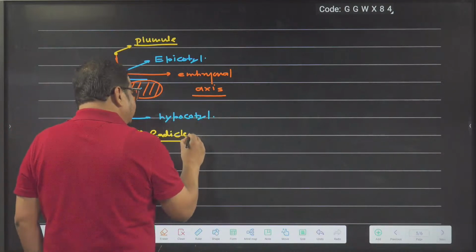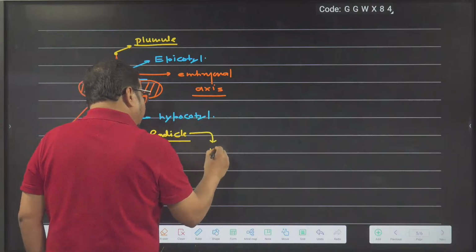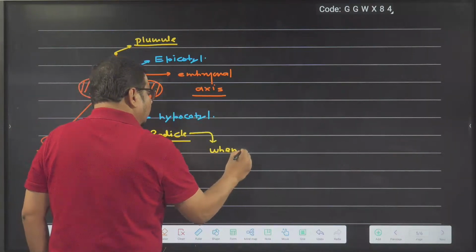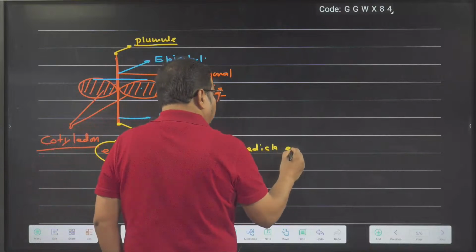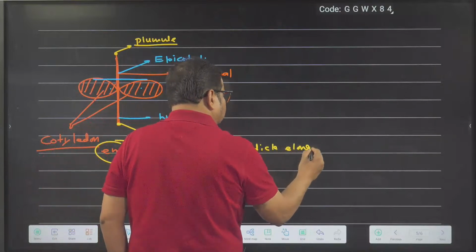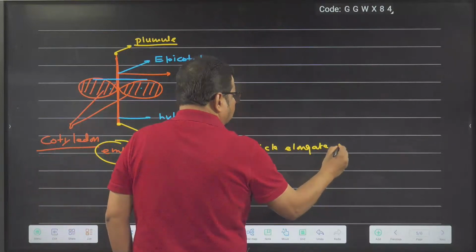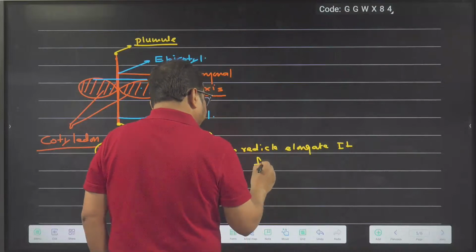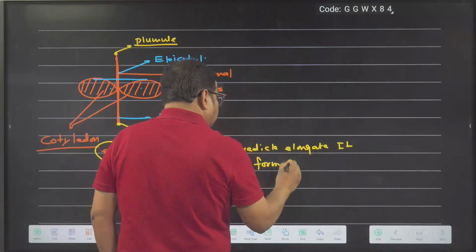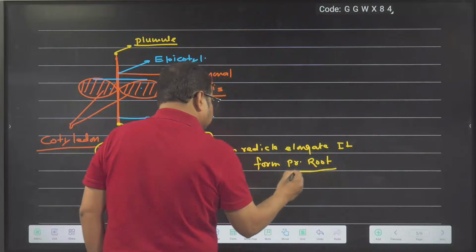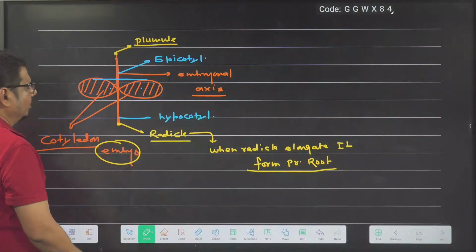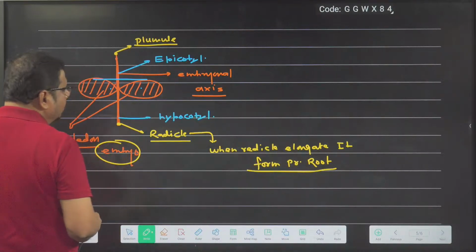So you can say when radicle elongates, it forms the primary root. When radicle elongates, it is forming which particular root?